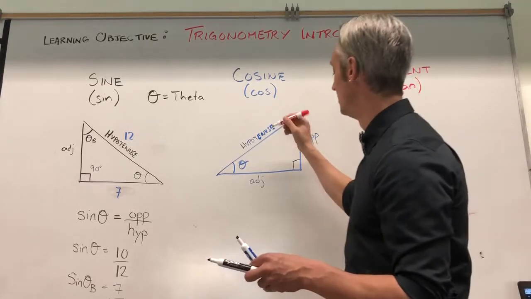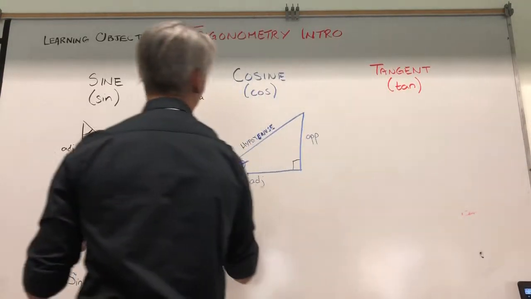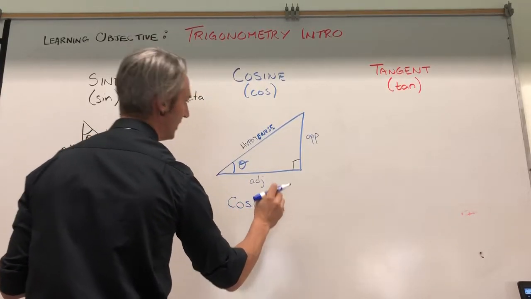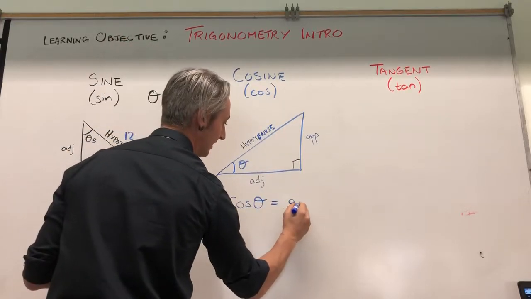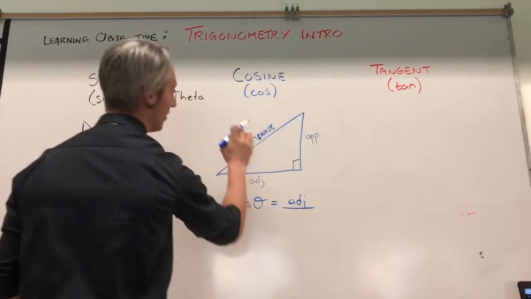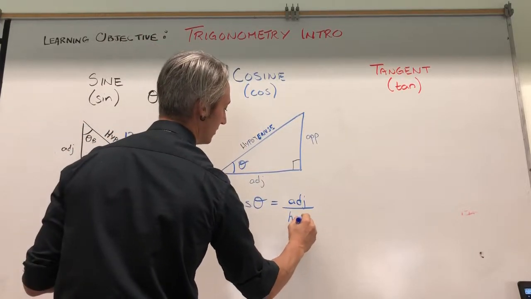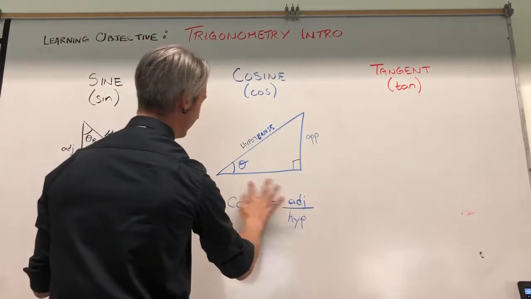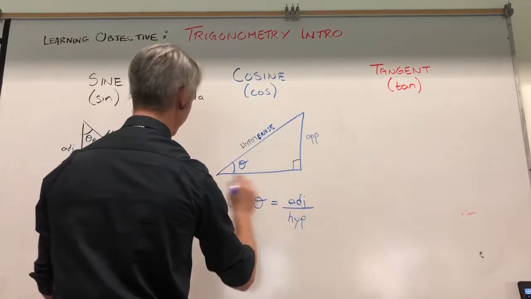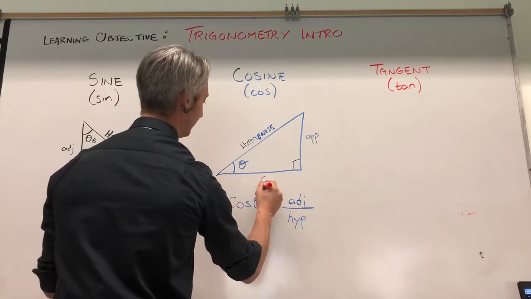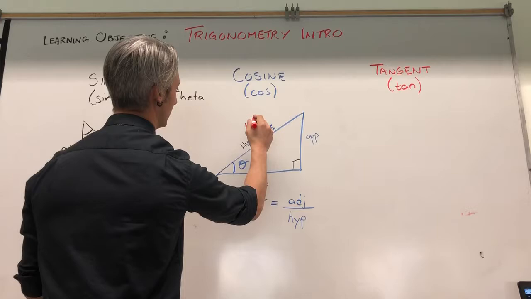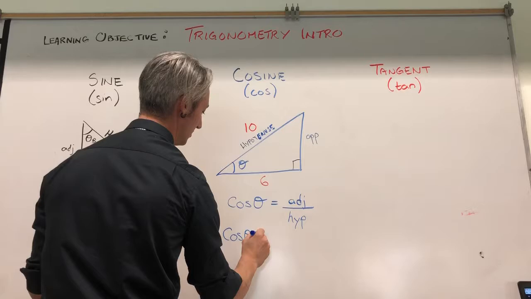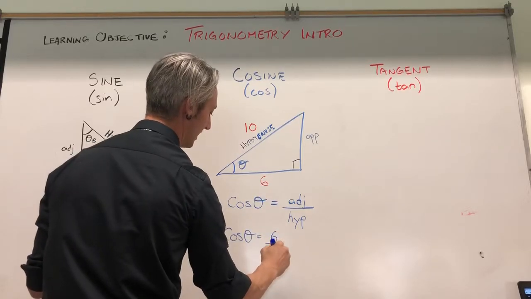Now for this angle, I would say that cos of that angle, theta, is equal to the adjacent side over the hypotenuse. So if I knew that this was, let's say 6, and I knew this was 10, cos of this angle would be equal to 6 over 10.